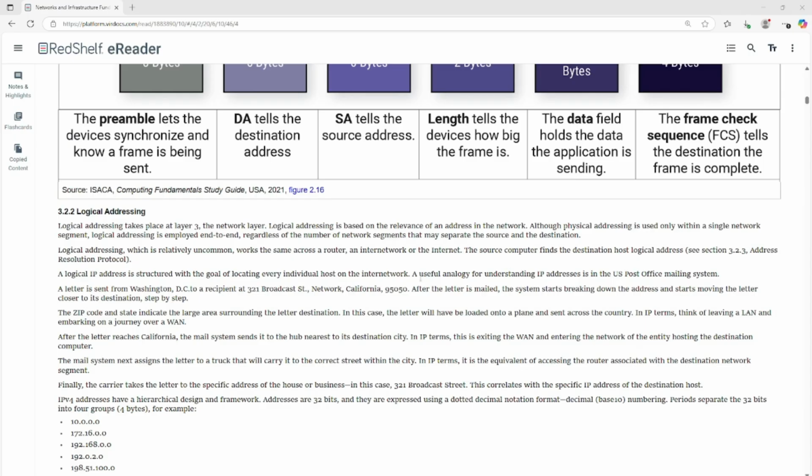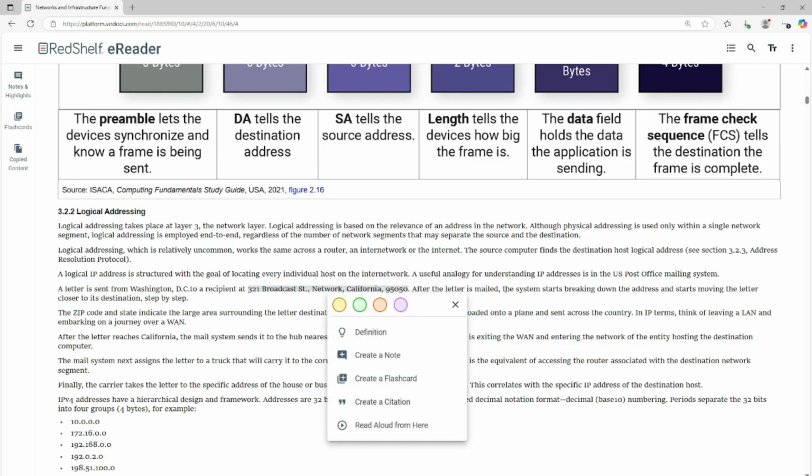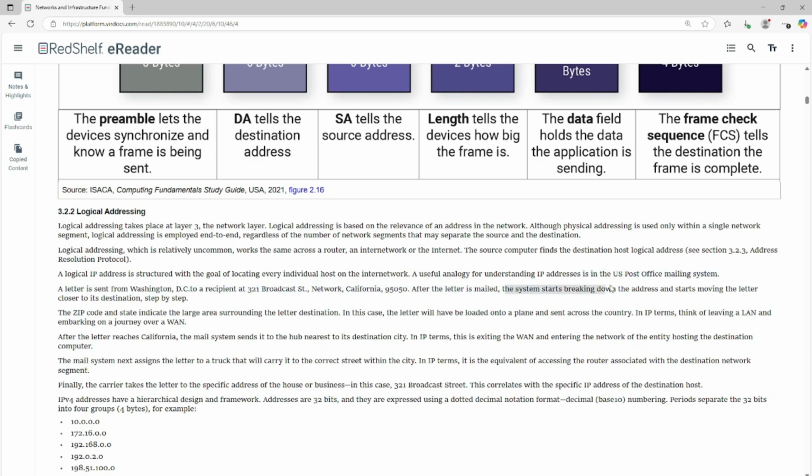A good number of times we've used the US Post Office example as an apples-to-apples situation of how this process works, where a letter is sent from Washington, D.C. to a recipient at this address. After the letter is mailed, the system starts breaking down the address and moving the letter closer to its destination step by step.